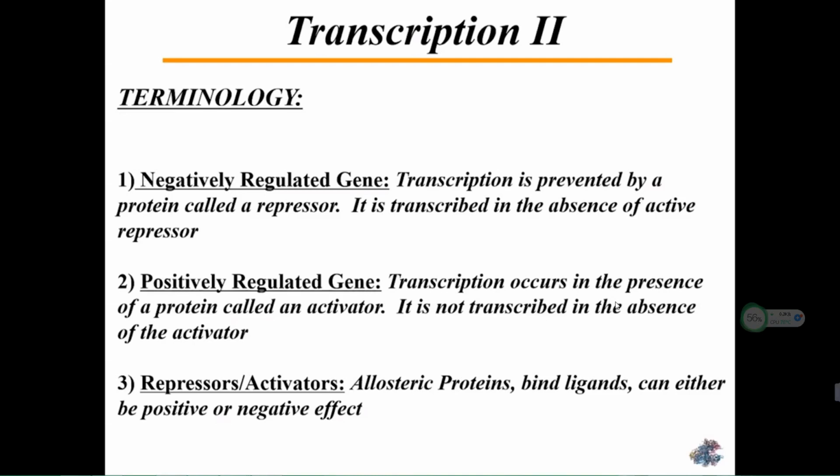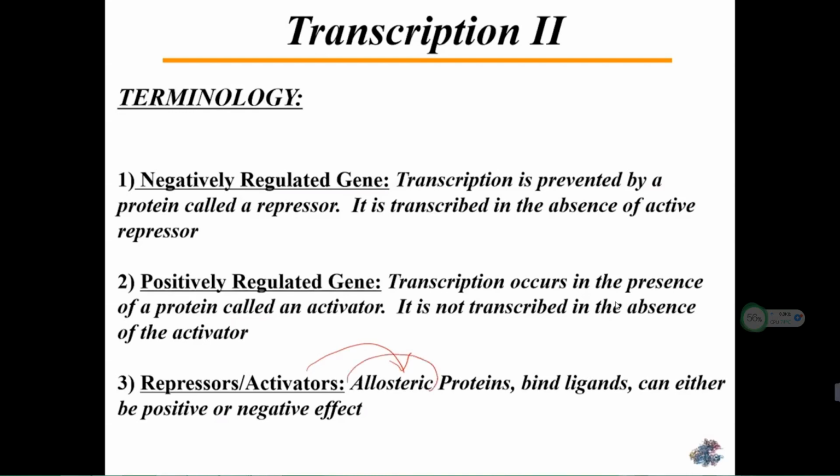When we have transcription occurring in the presence of a protein, it's typically called an activator. And in the absence of this activator, transcription does not occur. So this is often referred to as positive gene regulation. These proteins, the activators and the repressors, as we can see in statement number 3, are allosteric proteins.